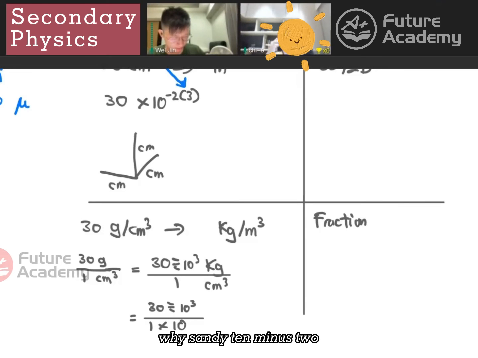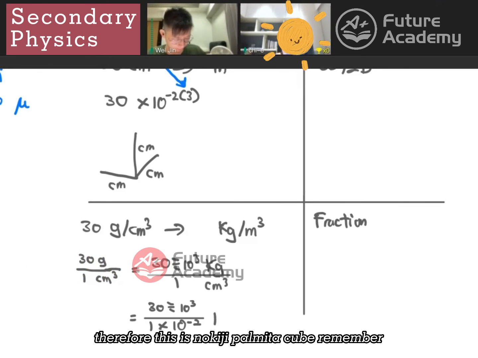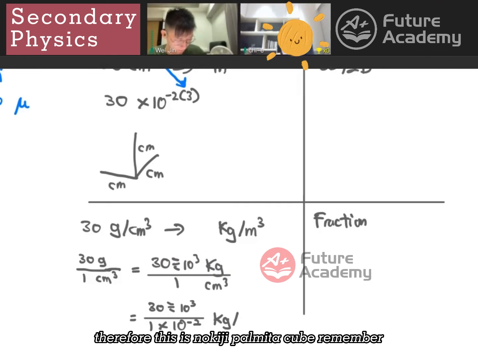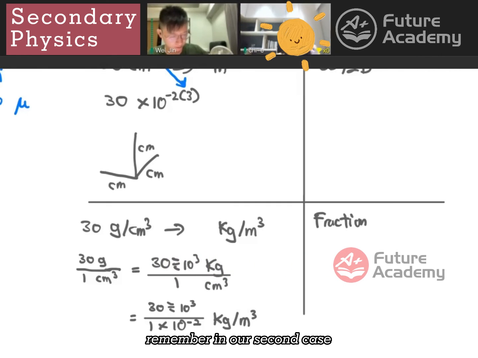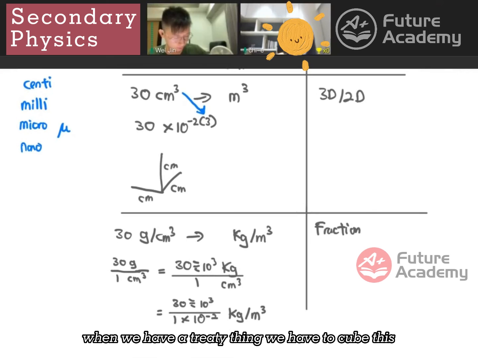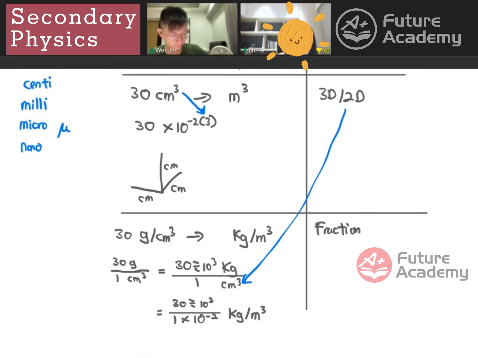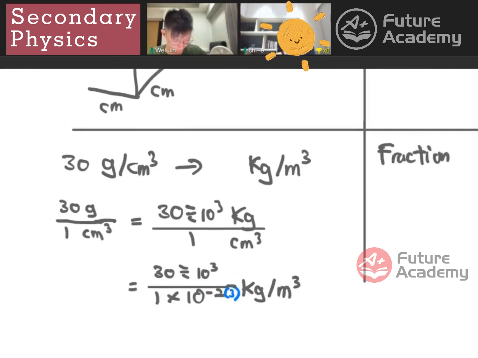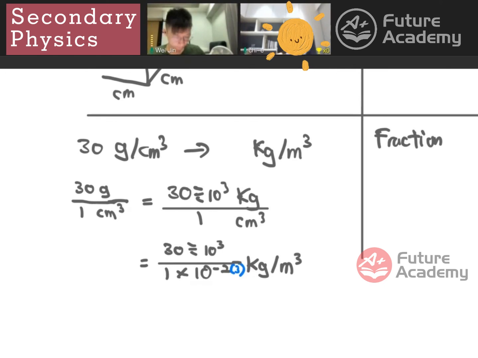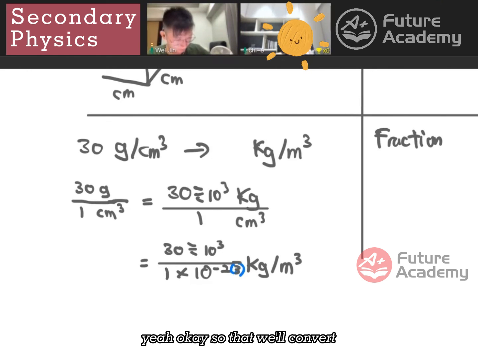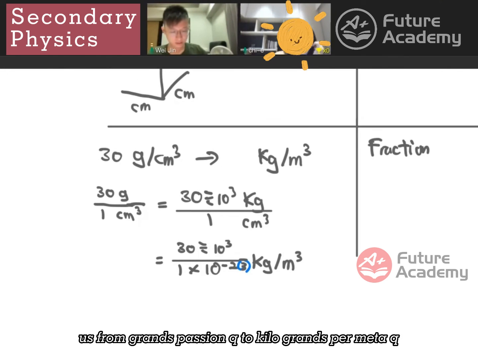Centi is 10 to the power minus 2. Therefore, this is now kg per meter cube. Remember, in our second case, when we have a 3D thing, we have to cube this. So I will put a cube here. Can you see? Okay, so that will convert us from grams per cm cube to kilograms per meter cube.